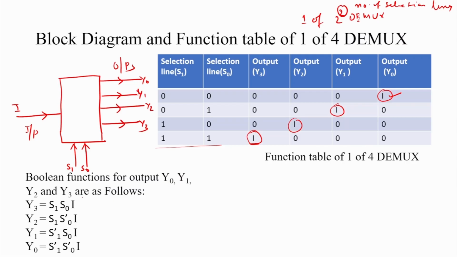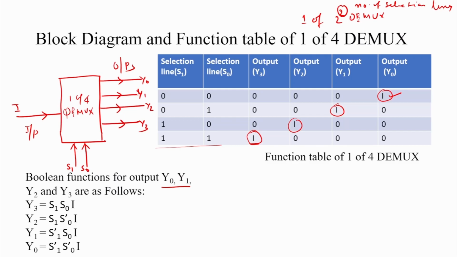So here we directly derive the output from this functional table. Here is the Boolean function for outputs y0, y1. This is a 1 of 4 demux, and this is the block diagram of the 1 of 4 demux.